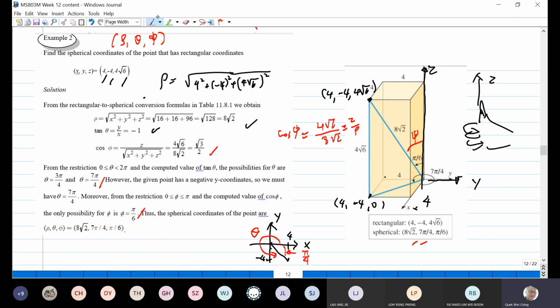So you measure the theta from here all the way to here. Okay, and what is this theta now? It's 7 pi over 4, right? The pi over 4 is 45 degrees. So this angle is 7 pi over 4. That's how we get this angle here.